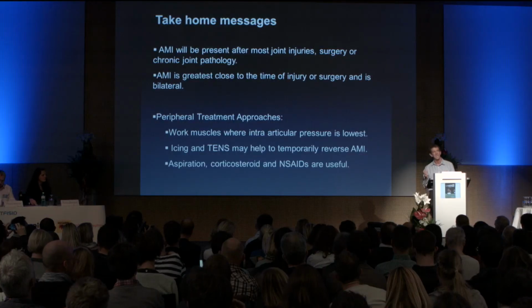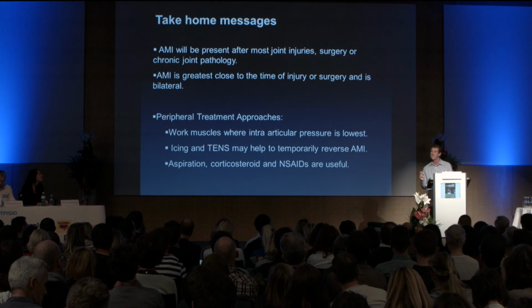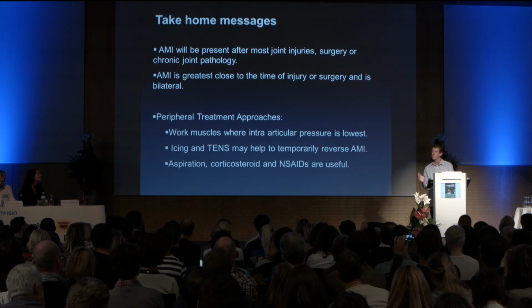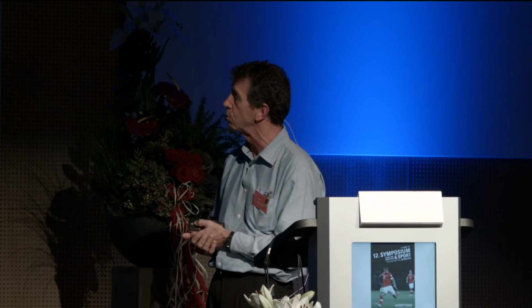The AMI effect is greatest closest to an acute event, if indeed that's what has led to the AMI, so the surgery again or the injury itself. And in regard to looking after this as clinicians, you've got these options that I've just been talking about.